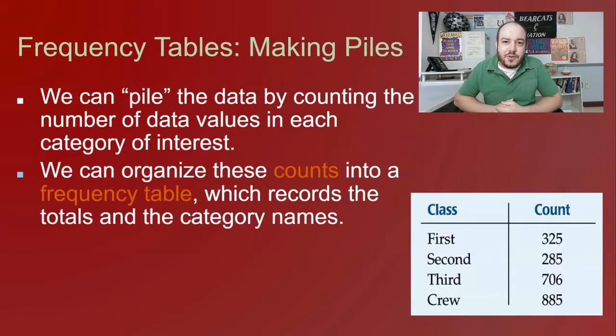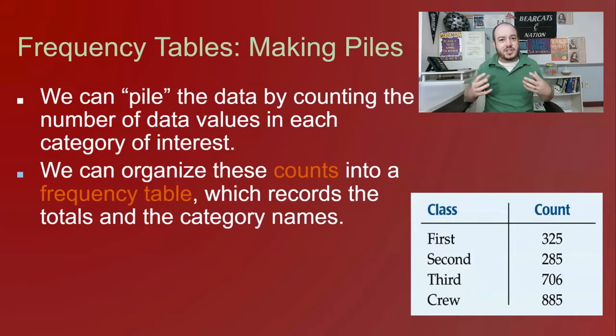So how do we compile the data in a way that will make it easy for us to create a picture? Well, I'm really happy you asked because the first way we're going to do that is by using frequency tables. Now, the data we're dealing with today is all going to be categorical data. Remember what that means. It means this is all data we're collecting that is more like a label, not a collection of numbers.